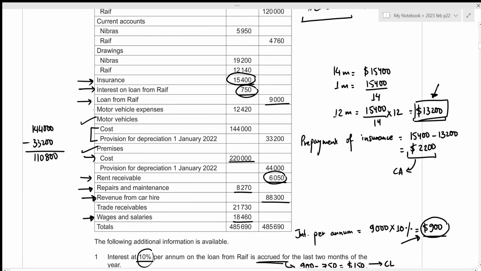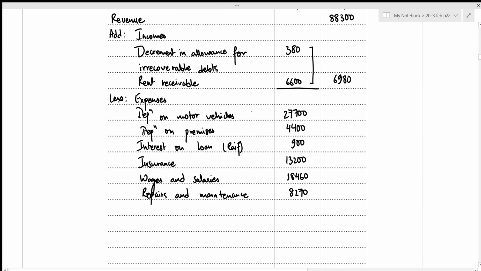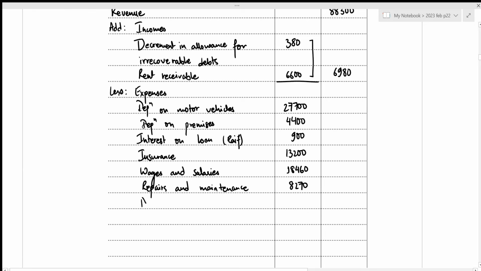We also have our motor vehicle expenses. This is also to be included in our statement of profit or loss. It's of 12,420. That is our motor vehicle expenses of 12,420.